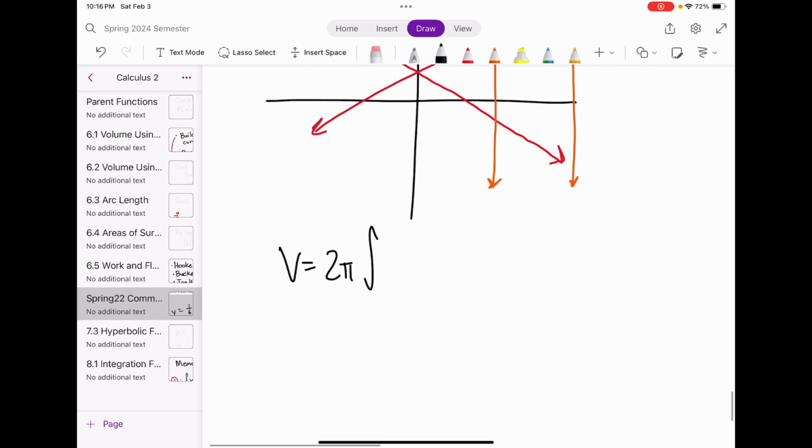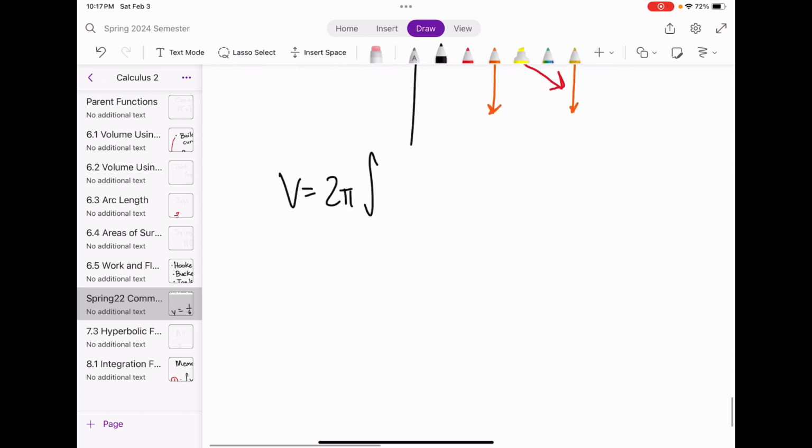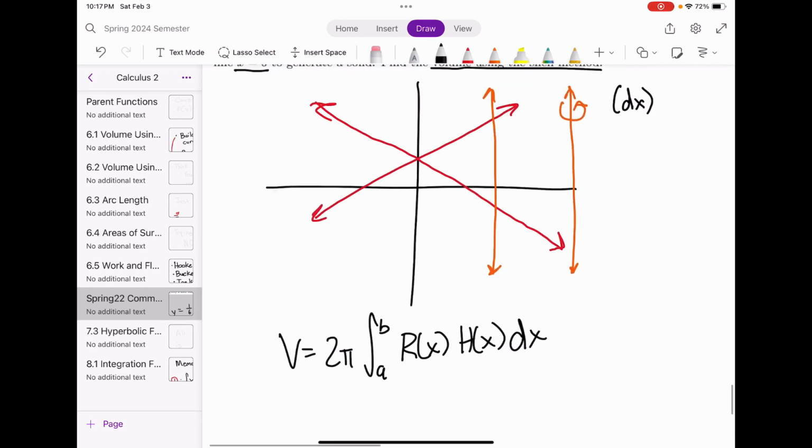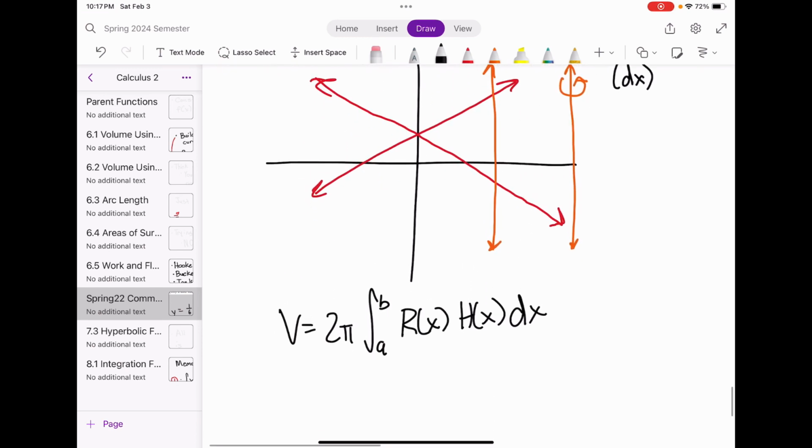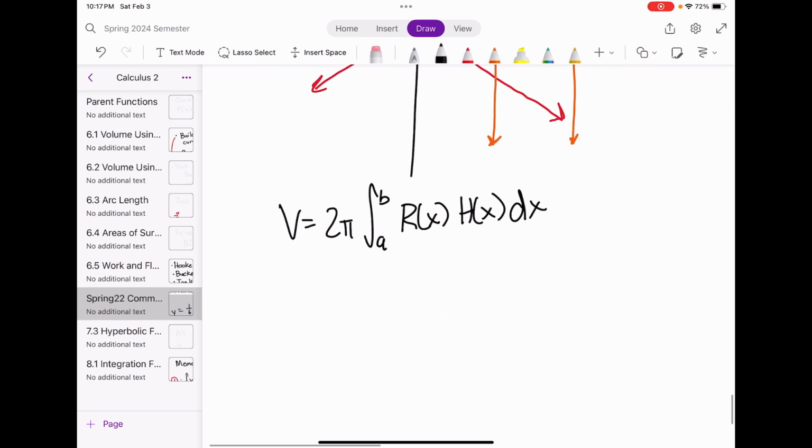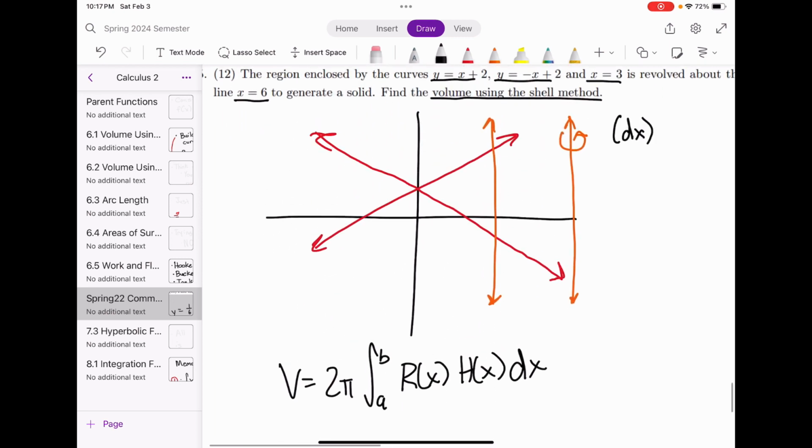All of the other methods we would be using dy. So 2 pi, the integral from a to b of r of x, h of x, dx. Pretty straightforward. If they didn't tell us to use the shell method, we could also use the washer method, so that's fine. Oh, and let me just draw this out.